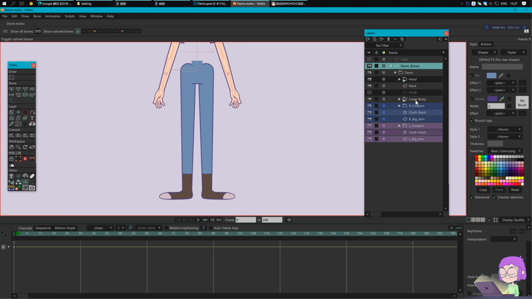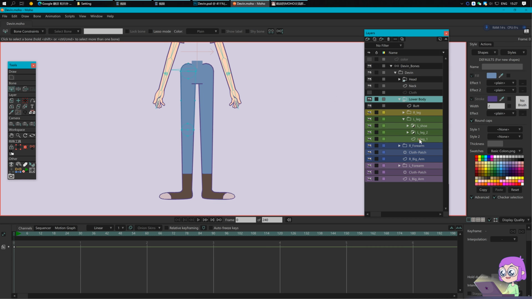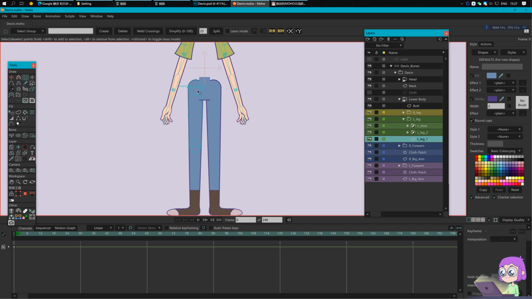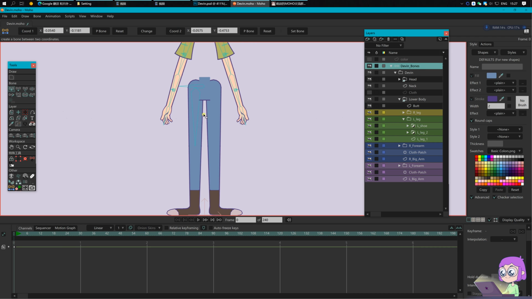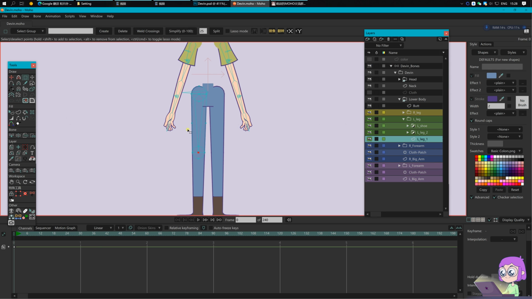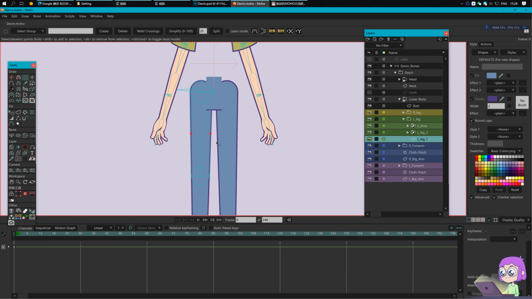Next, create the bones of the left leg. First, set a bone of the thigh. Then create two medium-length bones.